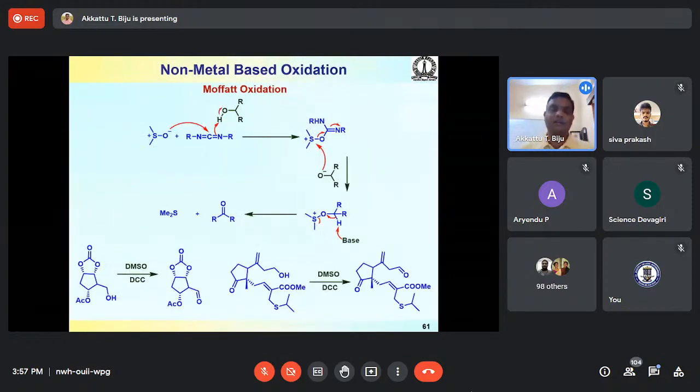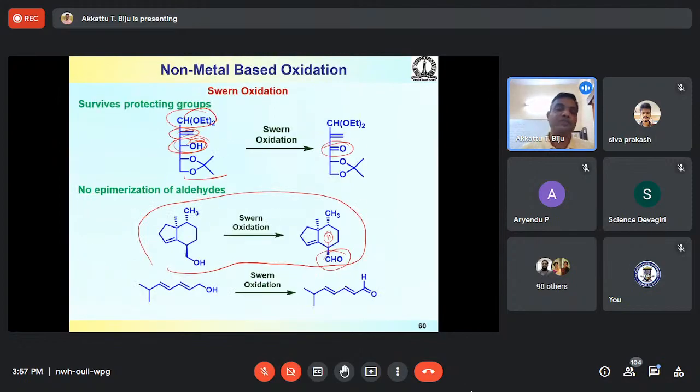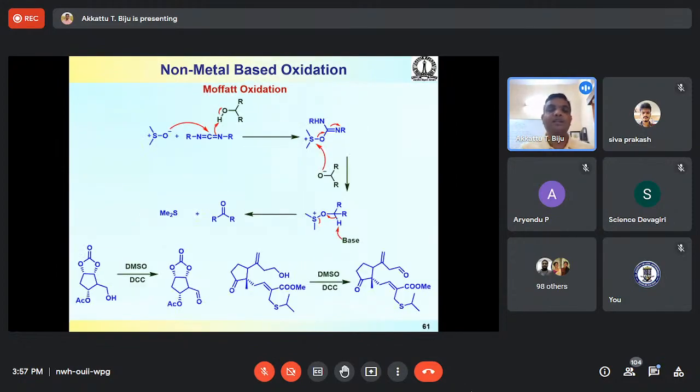Okay, so good. Next we will see some variants, some different examples or variants of the Swern oxidation or Swern type oxidation reactions, essentially oxidation reactions using DMSO. So one is the Pfitzner-Moffatt oxidation reaction.